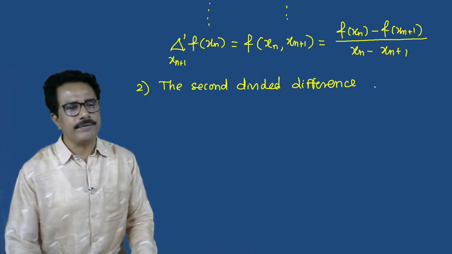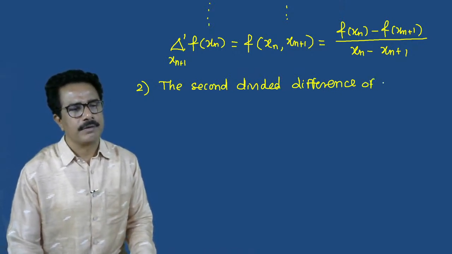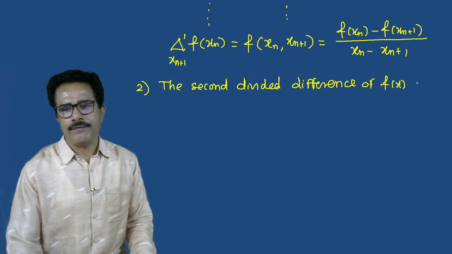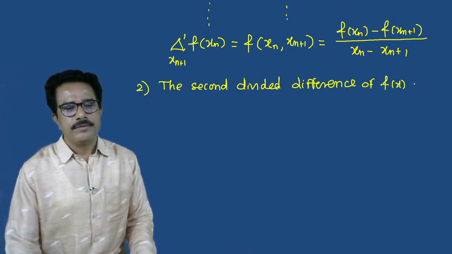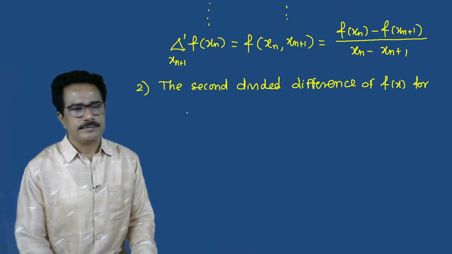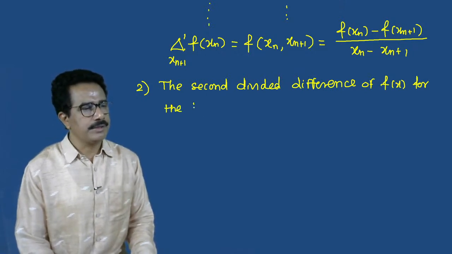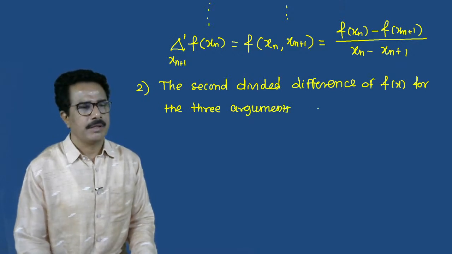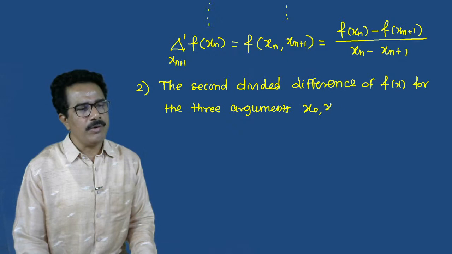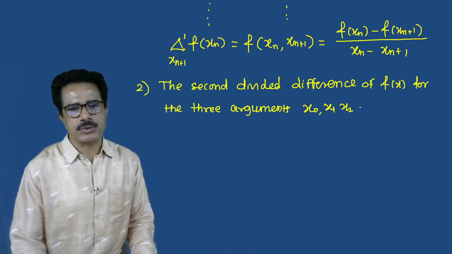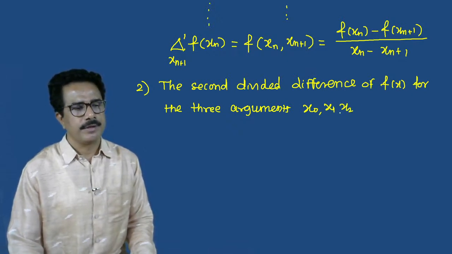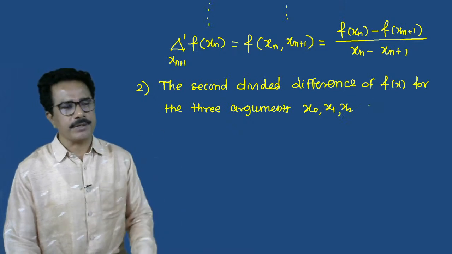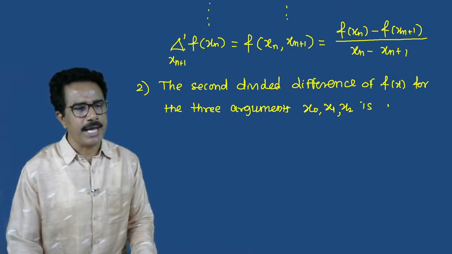Second divided difference of f of x for the three arguments x0, x1, x2.